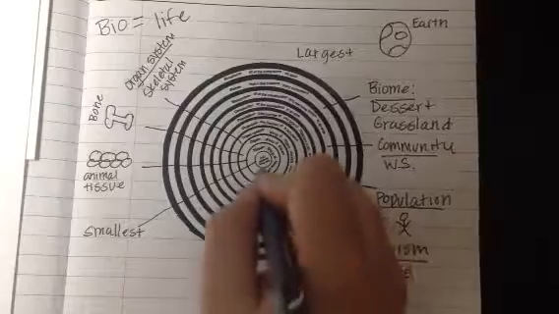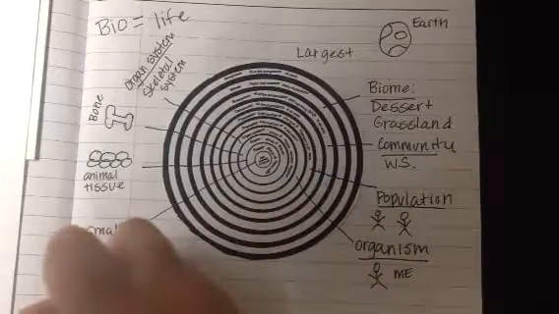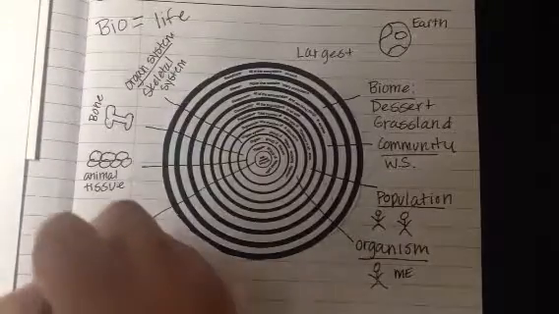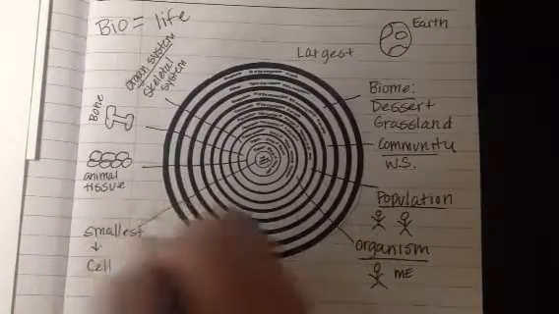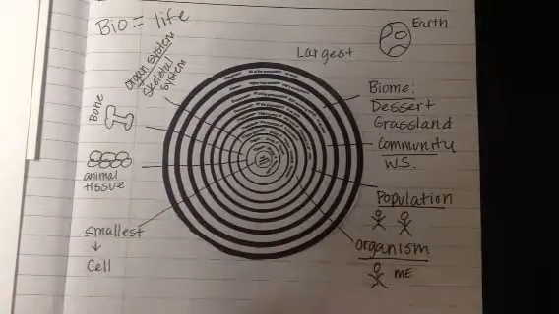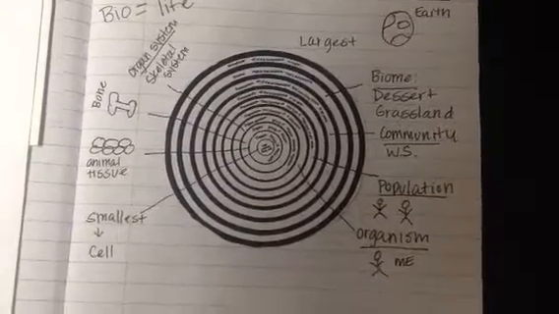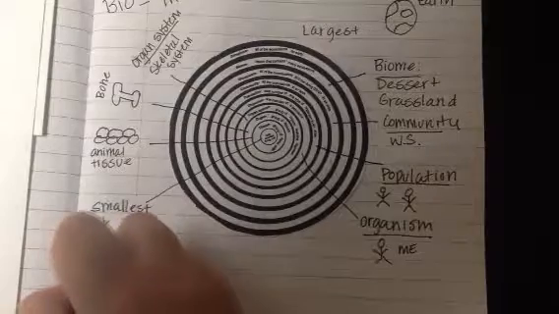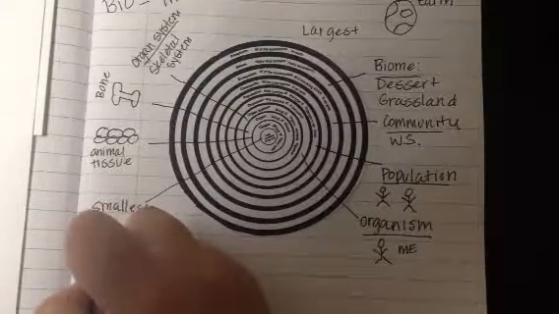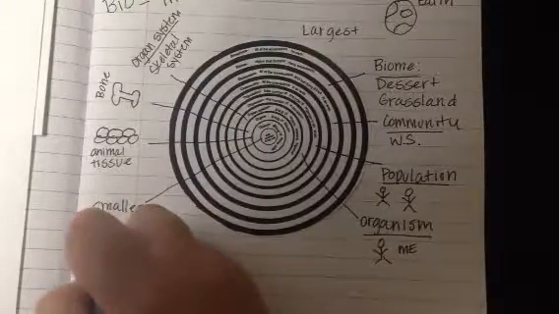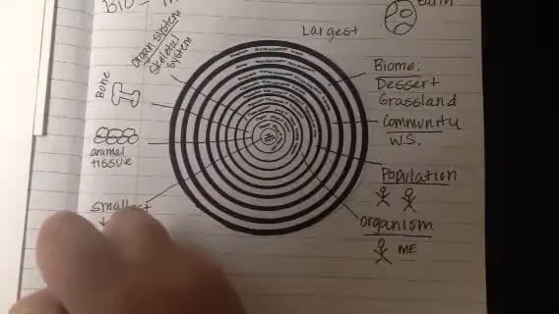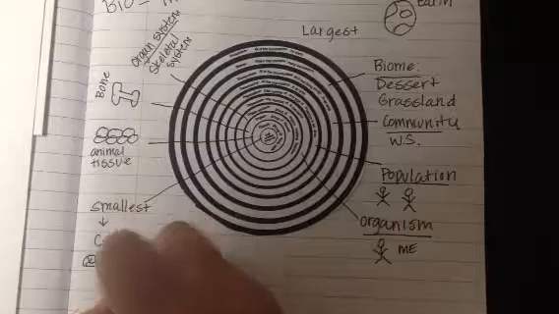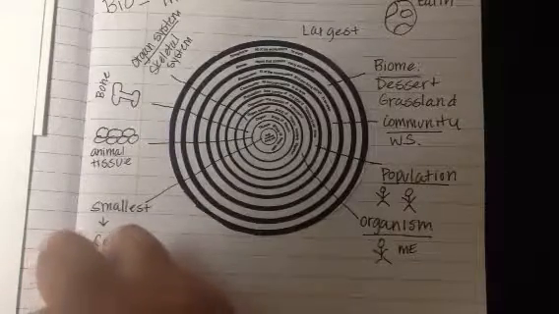And then our smallest, remember, is a cell. So our smallest is the cell, and that's our smallest basic unit of life. So bacteria. Bacteria is a prokaryotic, and its DNA is somewhere in here, and it can live by itself. We have bacteria.